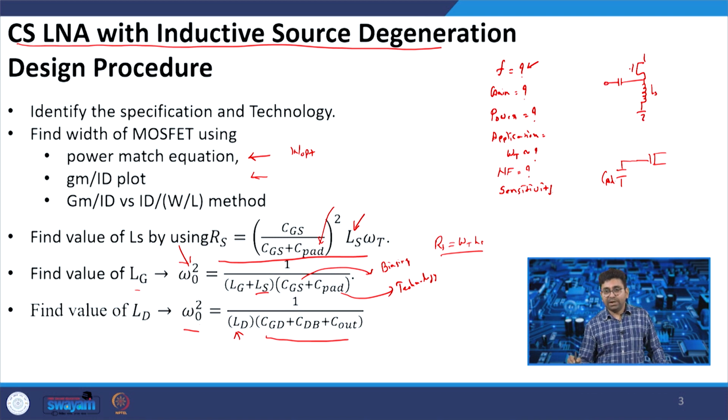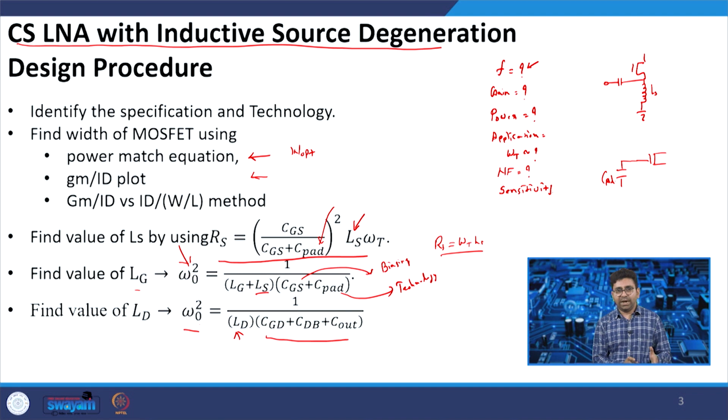The advantage of the common gate versus the common source is that it will provide wide band matching. However, the noise figure is a little higher compared to the common source LNA. Otherwise, the methodology will remain the same.